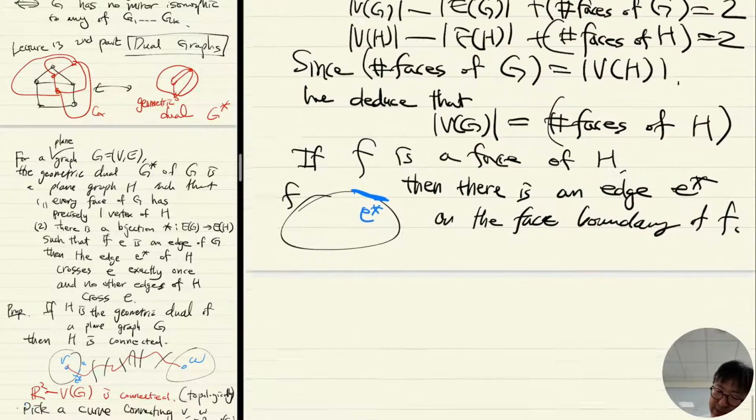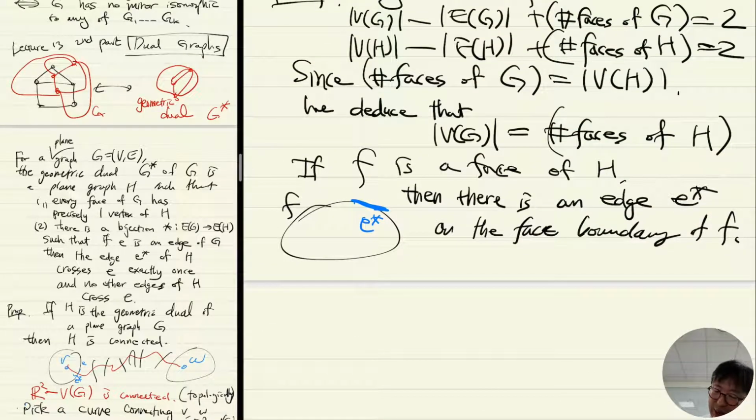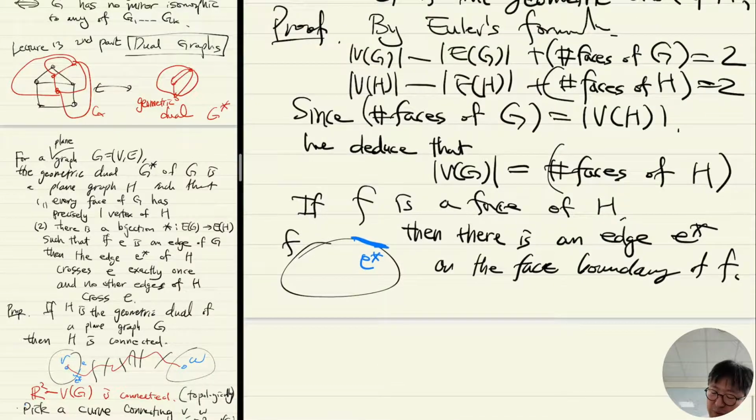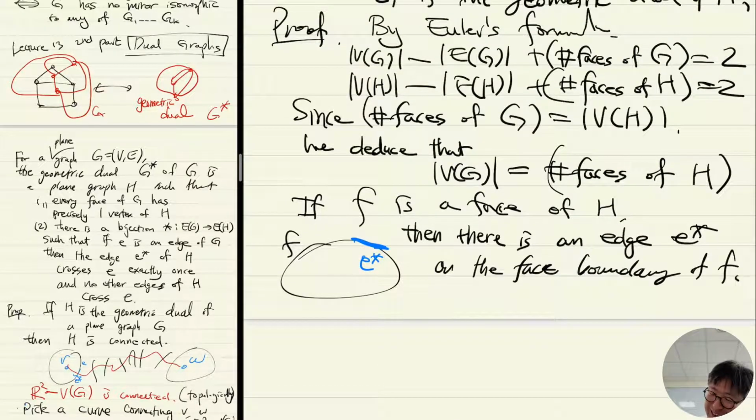Wait, am I cheating a little bit? Why do I have a face boundary? Am I assuming that every face has a face boundary? Well, what happens if the graph has no edges? If G has no edges, then H has no edges, and that is trivial, right?